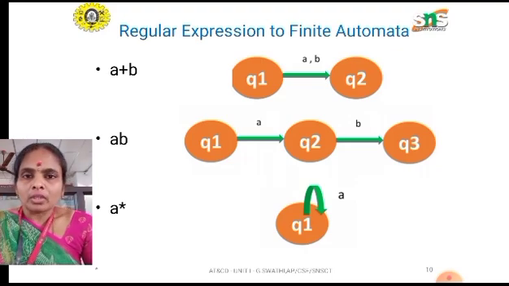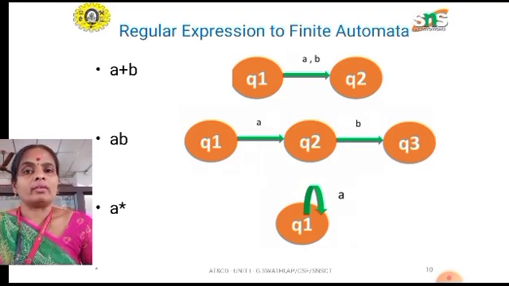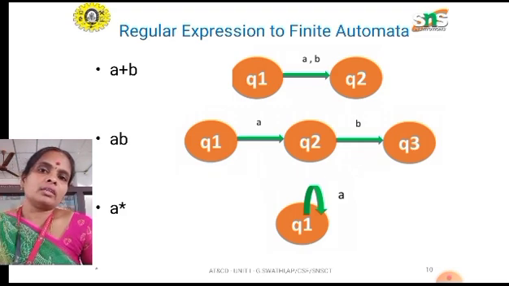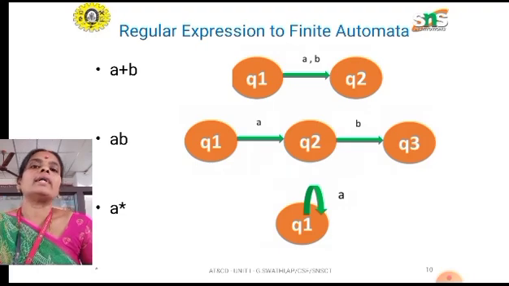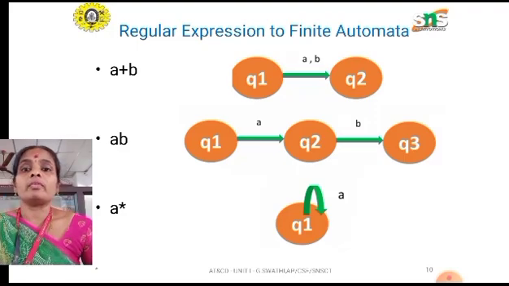Okay, so now let's see how the regular expression is converted into finite automata. We have seen the introduction to regular expression in the previous video, and we are going to take that input and see how the finite automata can be generated. In the first example, where it is given as A plus B, using the property of regular expression, it can be called A union B. It means that A can occur or B can occur.